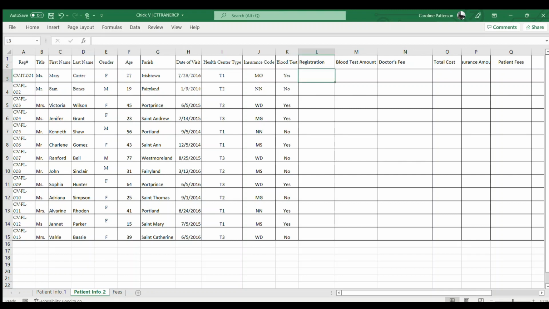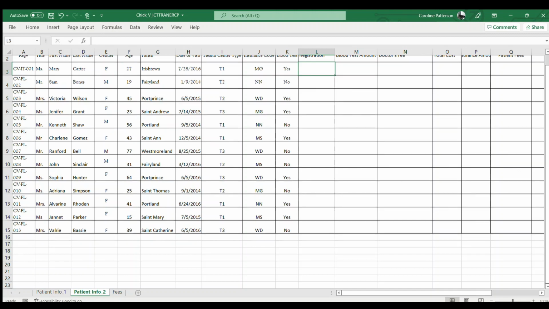Therefore, we're going to have to use the IF statement to determine how much the registration fee is going to be. So we're going to put equals IF, right? So if the person has taken a blood test, so if that cell is equal to yes, right?